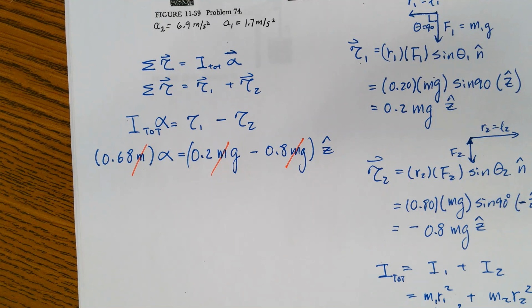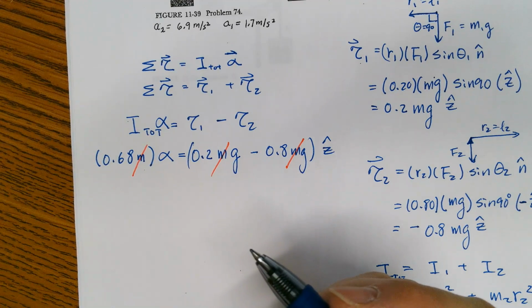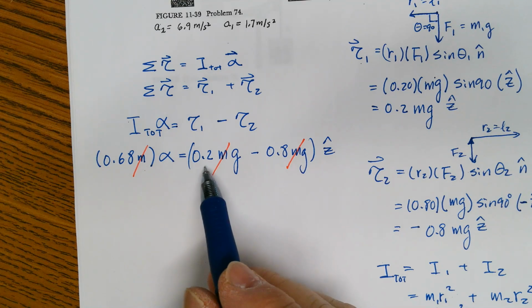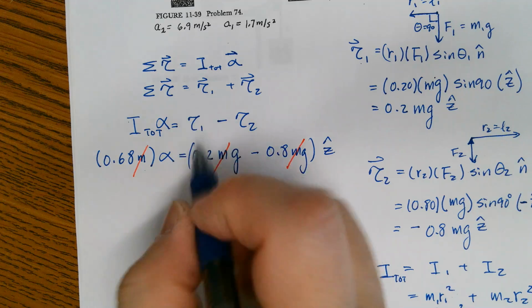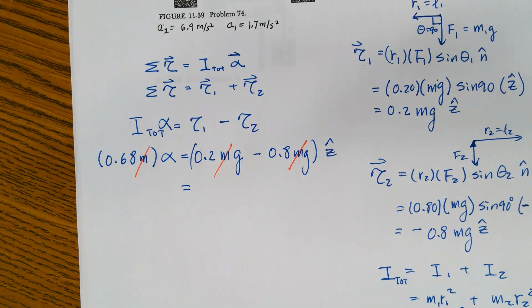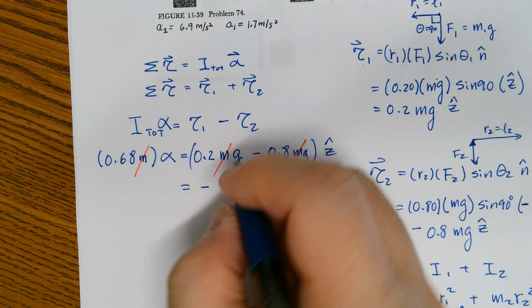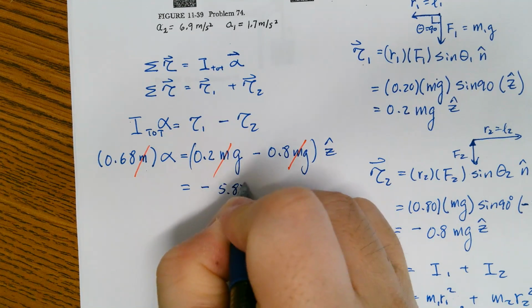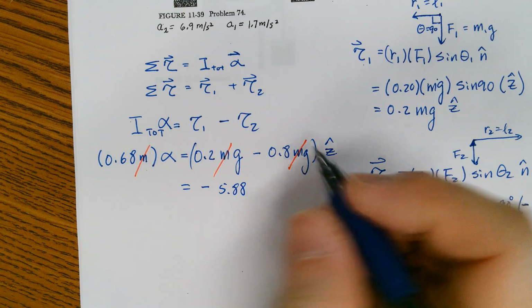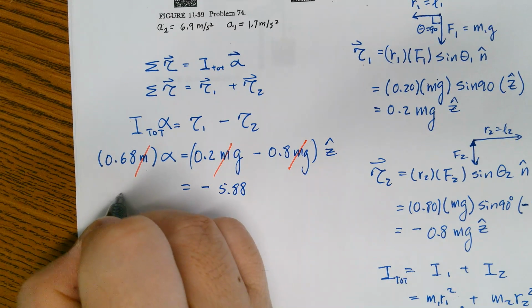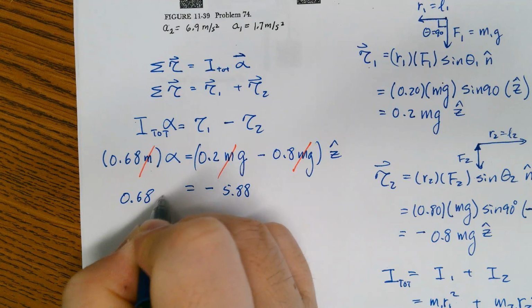So 0.6 times 9.8, negative, gives 5.88, and on the other side I get 0.68 alpha.